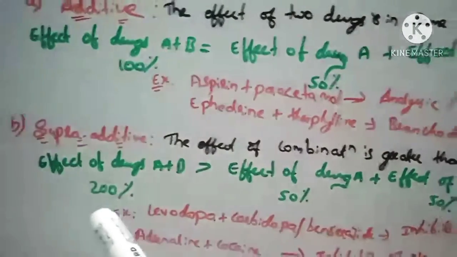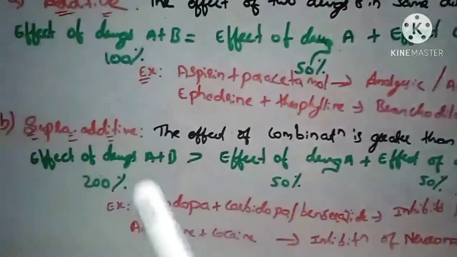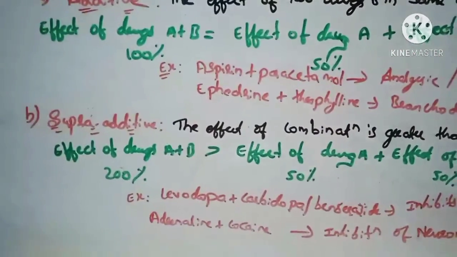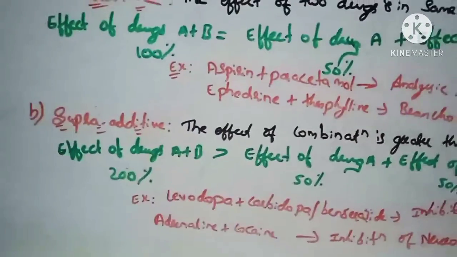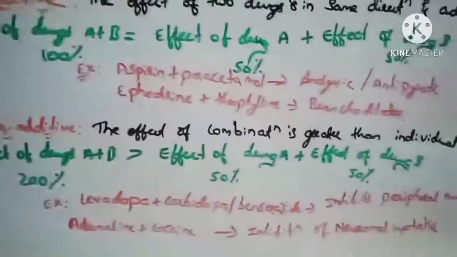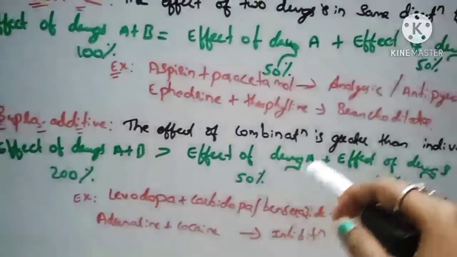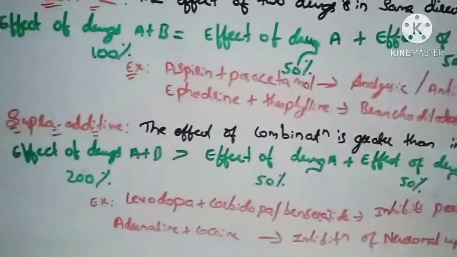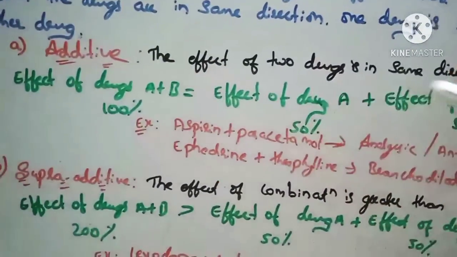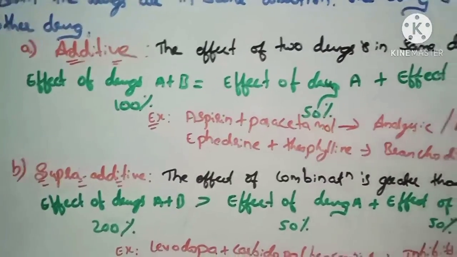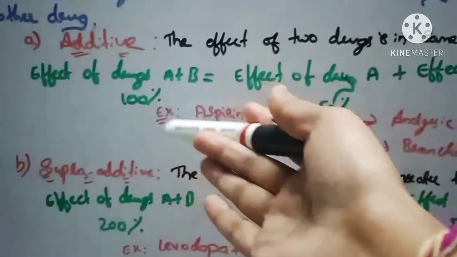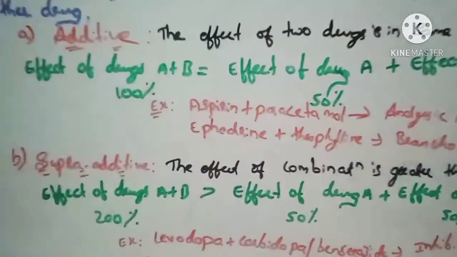Next, supra-additive drugs. Supra means more than additive. Here the effect of the combination is greater than the individual effects. In the additive case, individuals have 50% and 50%, and the combination shows 100% accurate results.